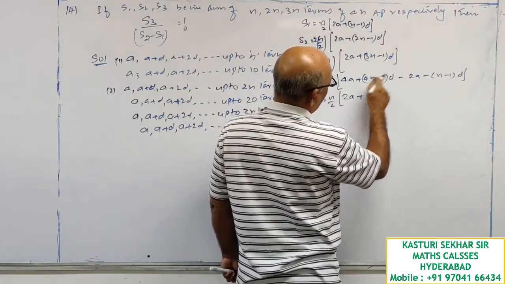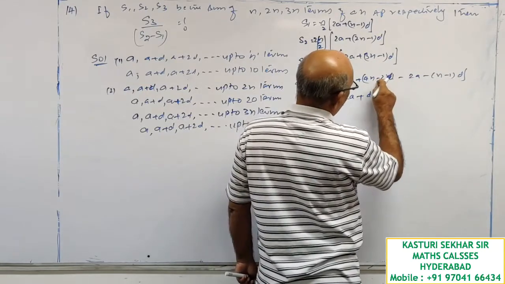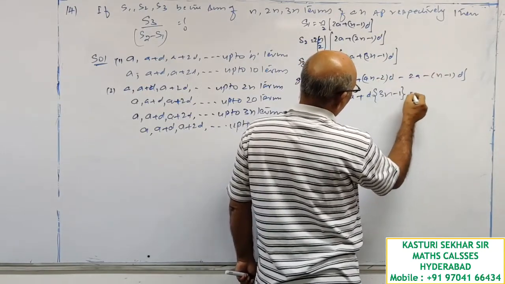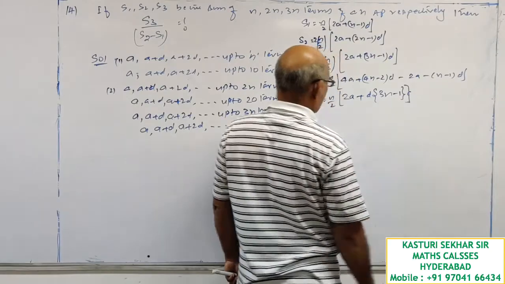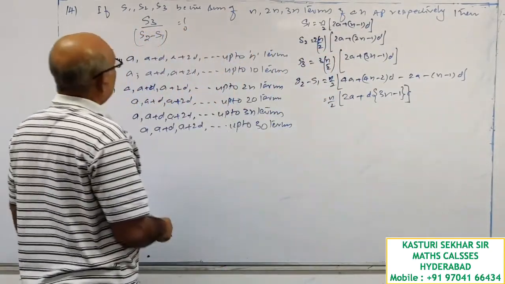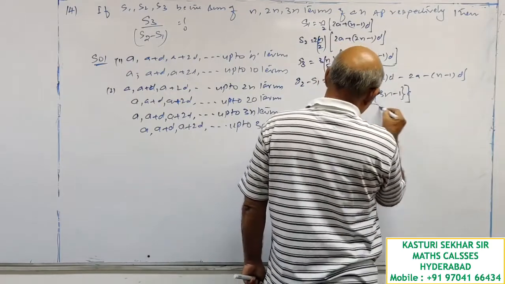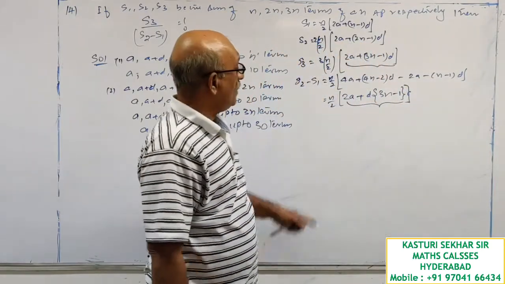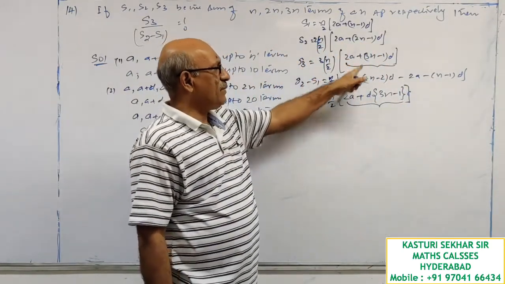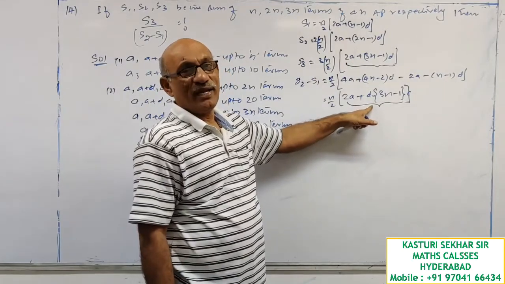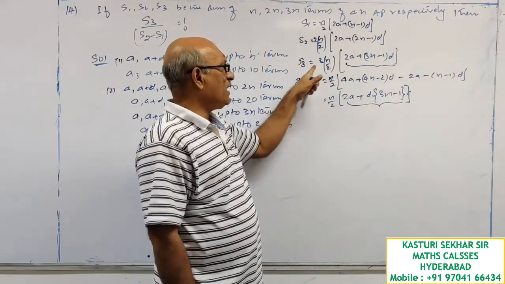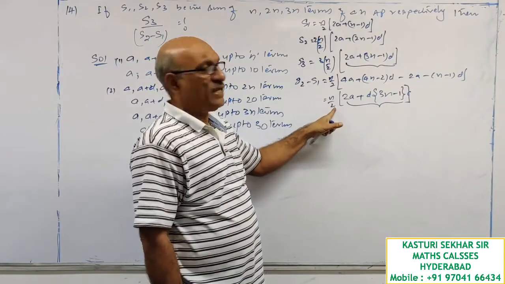If I take d common, 4n minus n is 3n, minus 2 plus 1 is minus 1, in brackets. Now look at this S3. This one and this one are the same. S3 inside the brackets and S2 minus S1 inside the brackets have the same value. Outside, n by 2 is there, n by 2 is there.